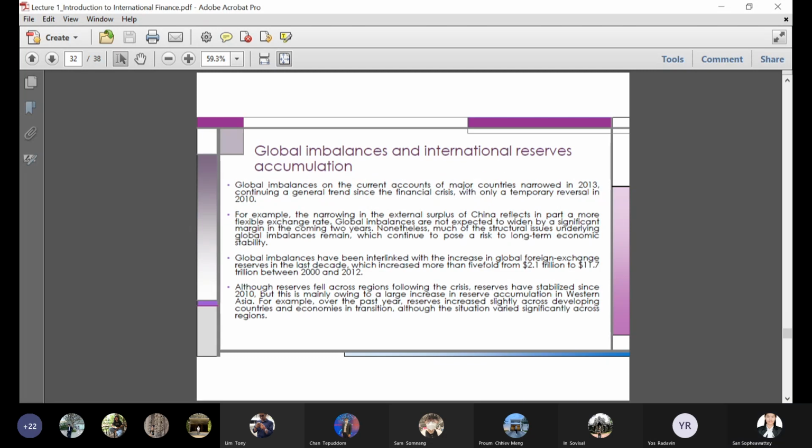So here, we're looking at the global imbalance and the international reserve accumulations. These are all in the area of international finance. The global imbalances have narrowed but remain an issue in the long run, especially as the current accounts of major countries have narrowed. It's a general trend since the financial crisis, with only some countries having temporary reversals in the 2010s.